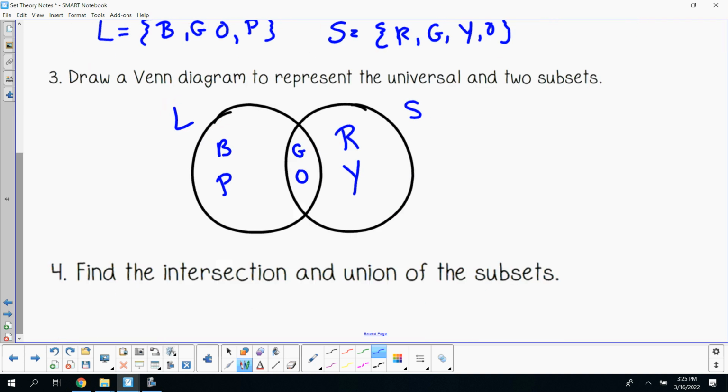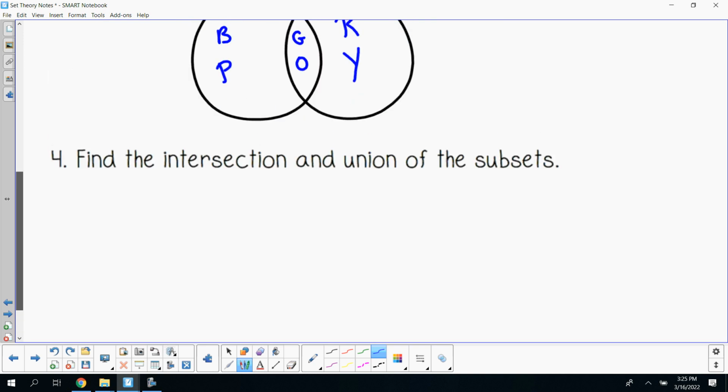And the intersection and union of these subsets. So if we have our large and our small, that will give me the green and the orange that they share.